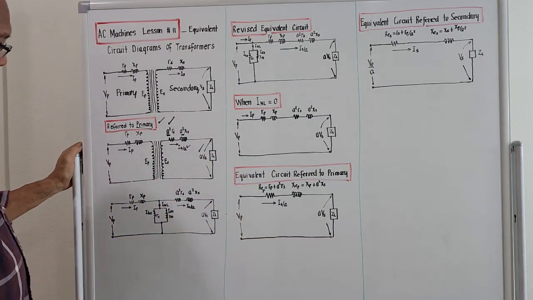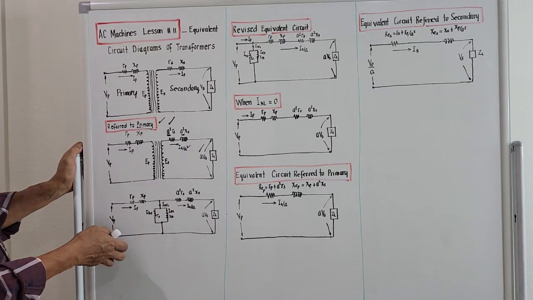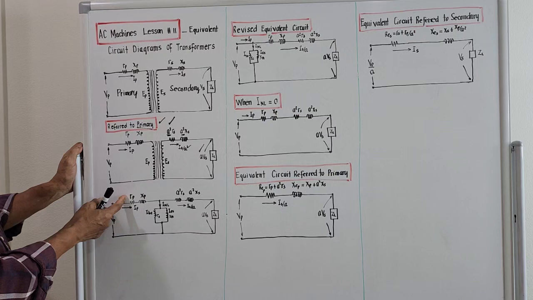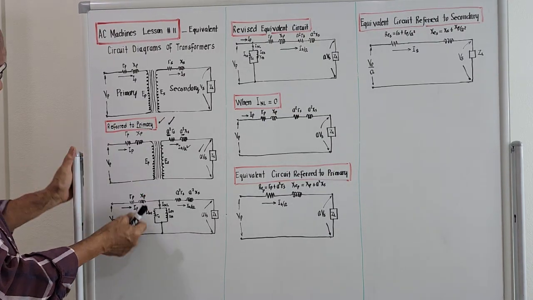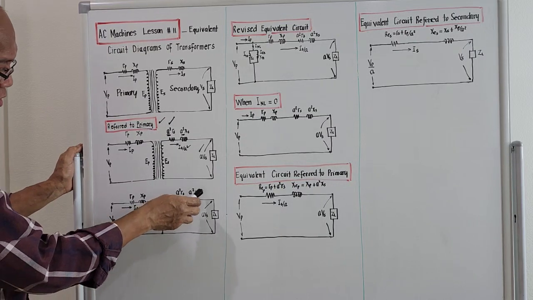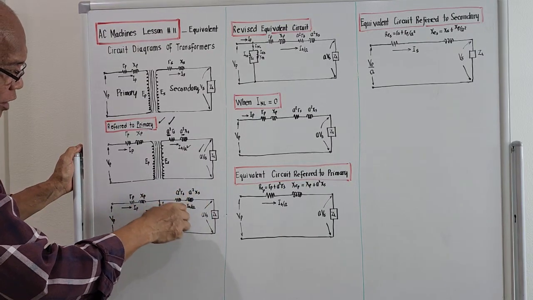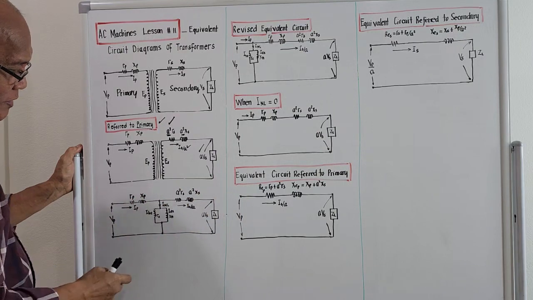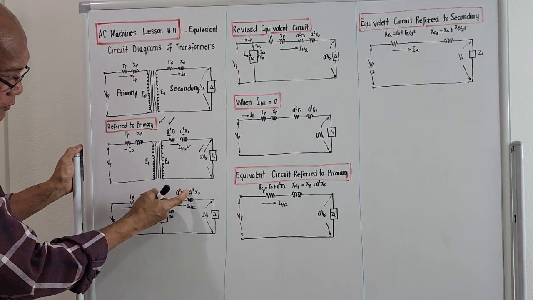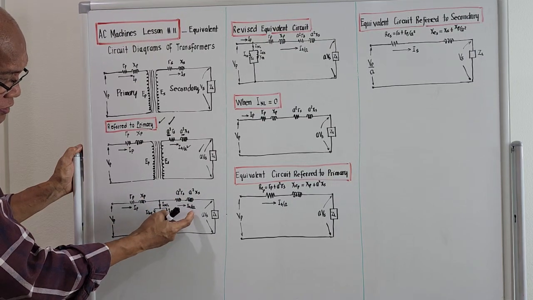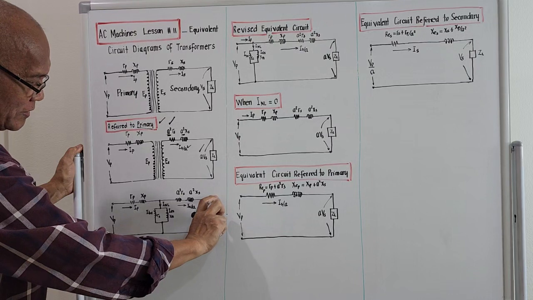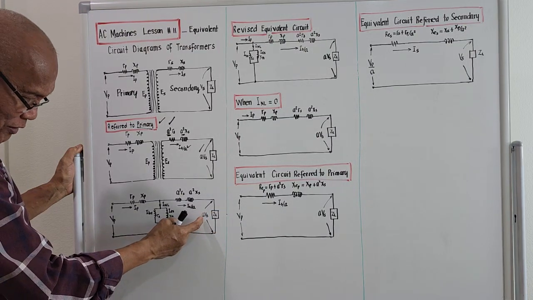The original primary parameters are still the same: R sub P, X sub P, I sub P. These ones are the primary equivalent of the secondary parameters. R sub S is multiplied by A square, X sub S is multiplied by A square, the current is divided by the transformation ratio, and the terminal voltage here is multiplied by A.